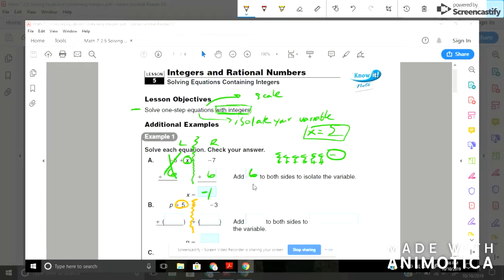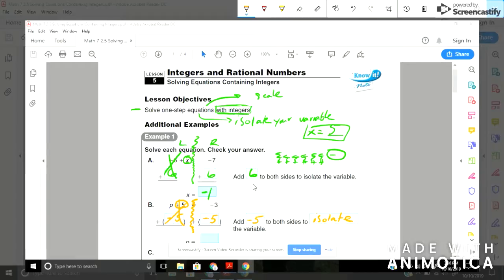So the opposite of adding 5 would be subtracting 5 from both sides of my equation, or same thing as adding negative 5 to both sides to isolate the variable, get P all alone, because 5 plus negative 5, or 5 minus 5, cancels out. I'm just left with P.